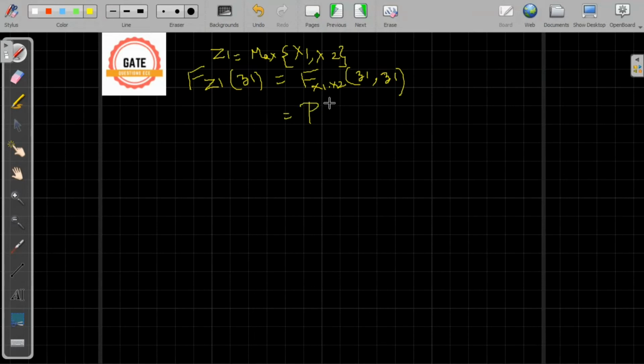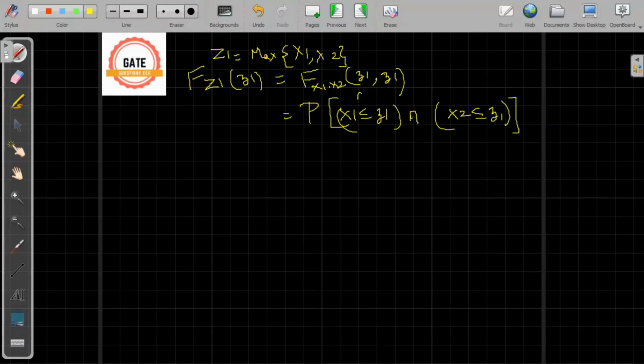So this is nothing but the probability that X1 is less than or equal to z1 and, intersection, X2 is less than or equal to z1.